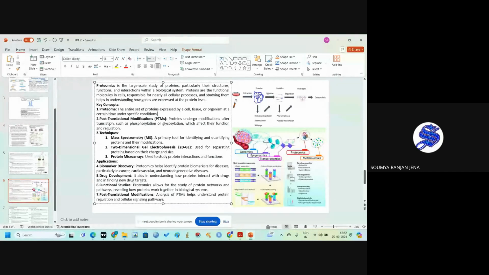So we can study the post-translational modification of protein also. Proteins undergo modification after translation, such as phosphorylation or glycosylation.